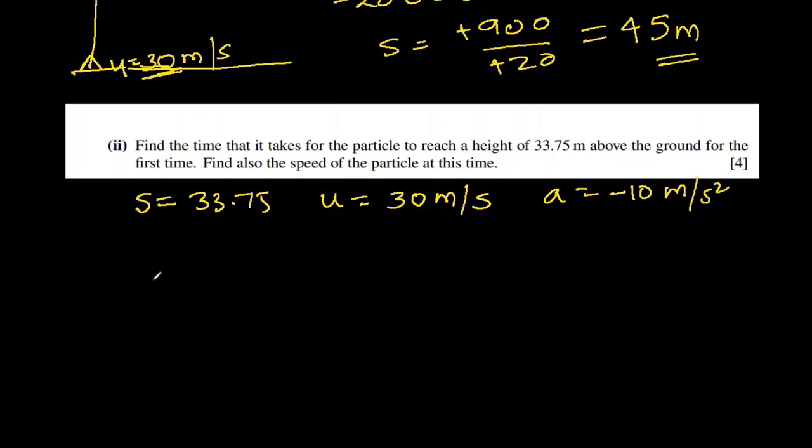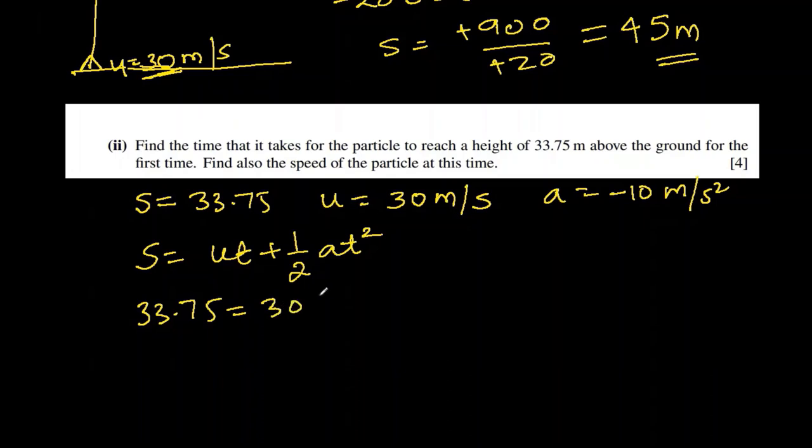So we can use the formula s equals ut plus half at square. S is 33.75, u is 30, time we want to find out, plus half times minus 10 t square. And this becomes a quadratic. 2 and 10 will cancel, so it will be minus 5 here.